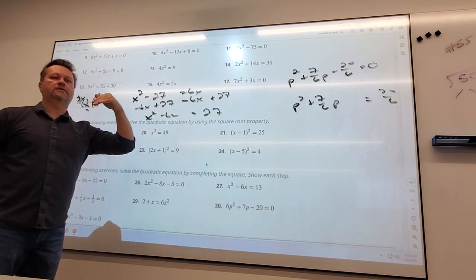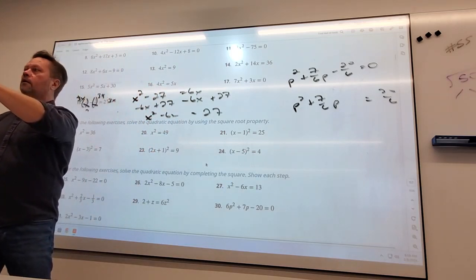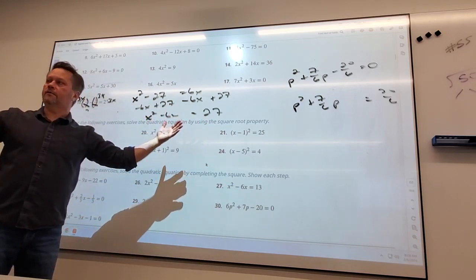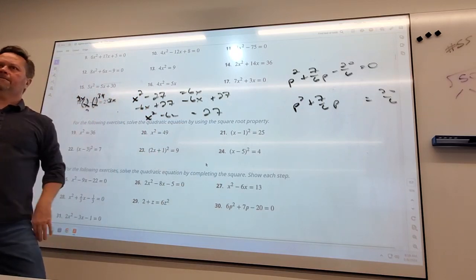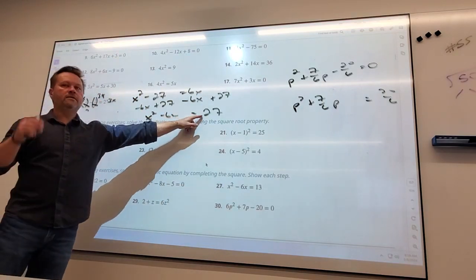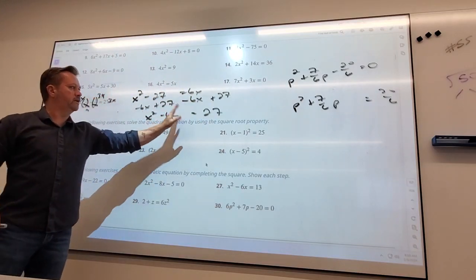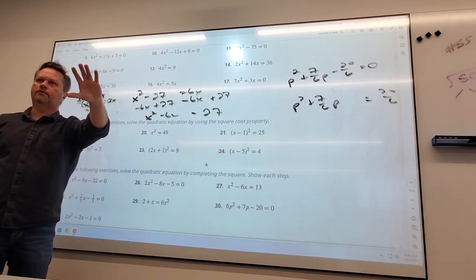What if it would have just said solve? What would you have done differently? Factor it. Yeah, so I would have left the 27 over here, yes? And then I would have factored it. And if it's not factorable, I would have probably used the quadratic formula, right? The only reason I'm doing this specifically is because it said you have to use completing the square. So I need room, I need to push that guy over there. Now I can do half square, and so on. Right?